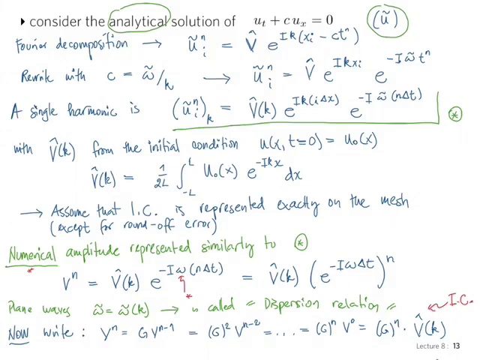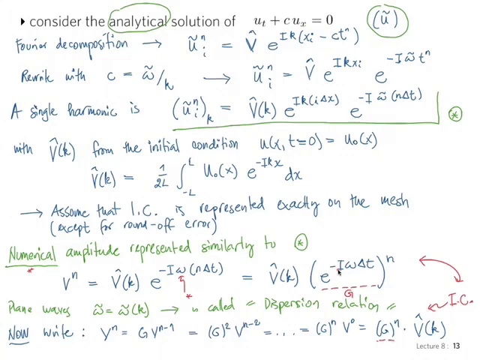Right? So you see that if I compare these two, this is Vn, so they're the same. I compare these two, you see that V hat k appears on both. So this happens to be G. It's the same. It's right here. Okay? So, well, I'll write it in the next slide. G is equal to e to the minus I omega delta t.